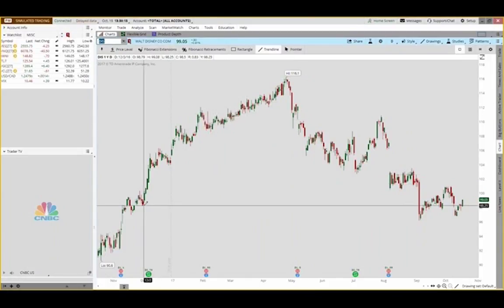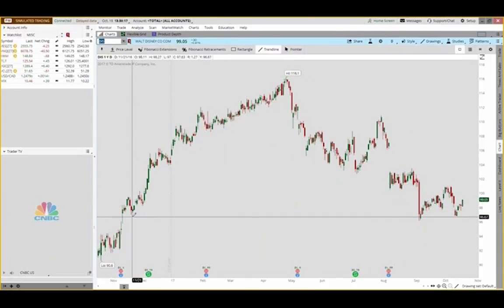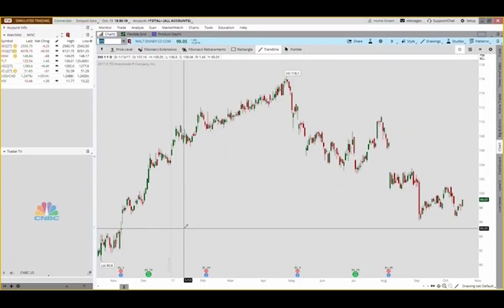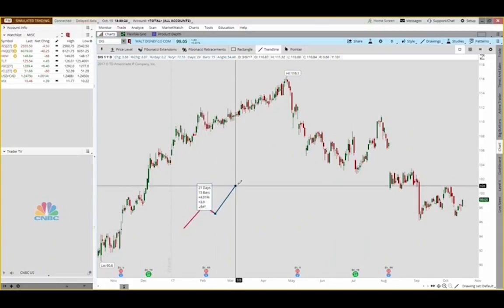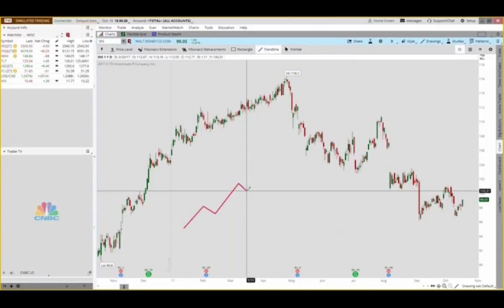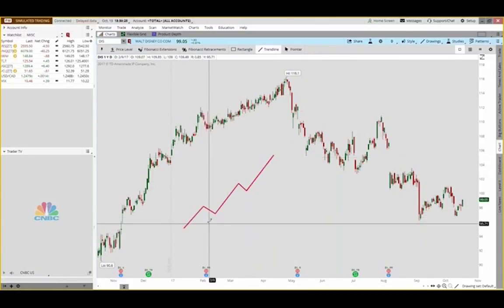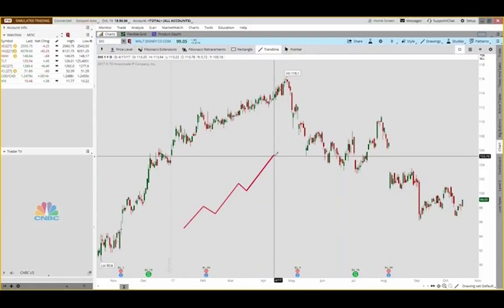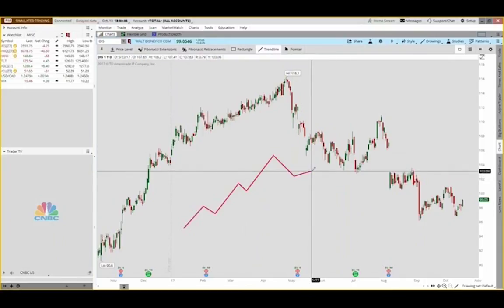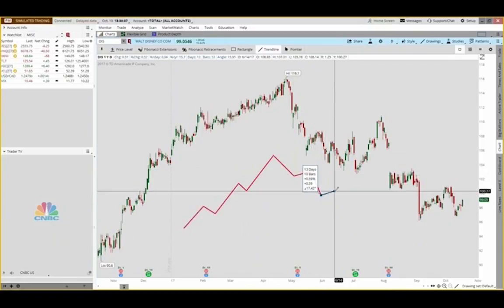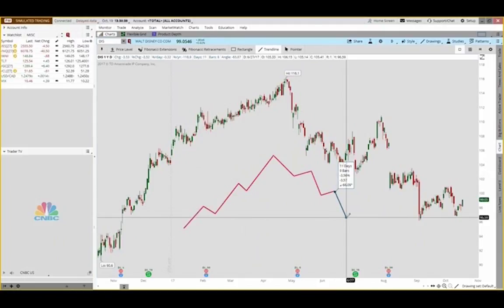Why? Because of these pivots, these turning points. Every stock tends to do this sort of motion, right? They don't go in a straight line, they zigzag. They move higher and then lower and reverse, and so on.